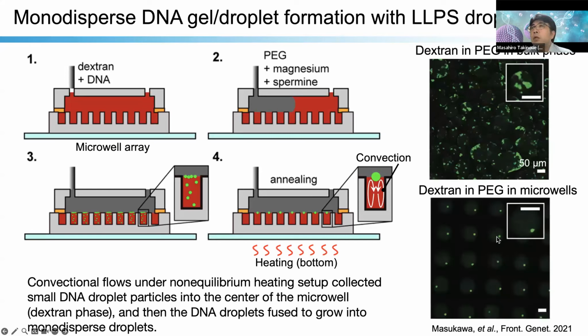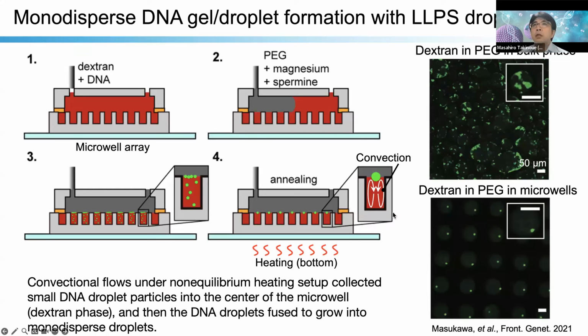So this is the result. You can see the DNA droplet inside the microwell. This is a top view of the microchannel. In this case, we had homogeneous sized DNA droplets in each well. But if we did a similar experiment with the dextran-in-PEG droplet in the bulk phase, not in the microchannels, we see this kind of not so homogeneous DNA hydrogels inside the dextran phase.